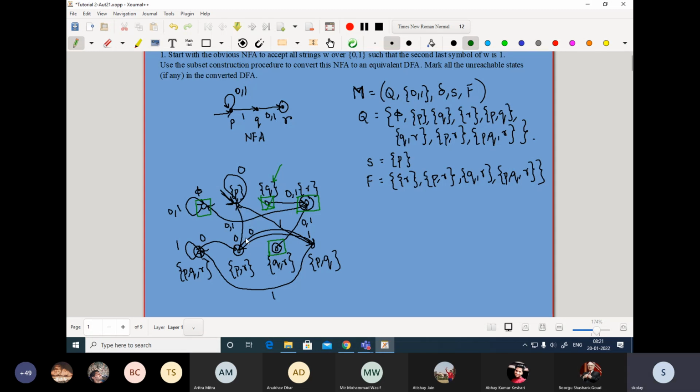Okay, is there anything else? No, right? Everything else is connected to P. So see, in this construction, we took Q to be the power set of P, Q, and R, but when we construct the DFA, we see that there are some states which are redundant, which are not necessary.